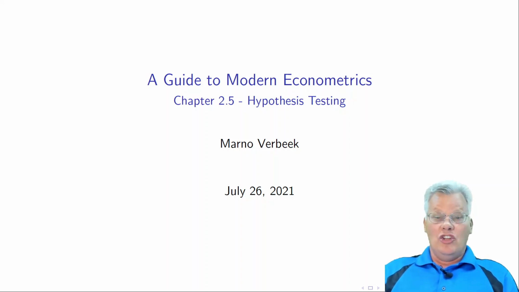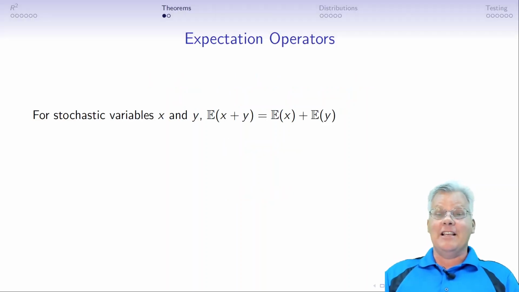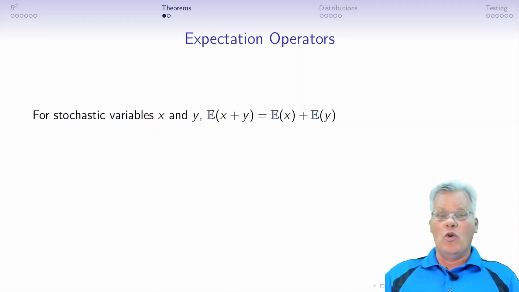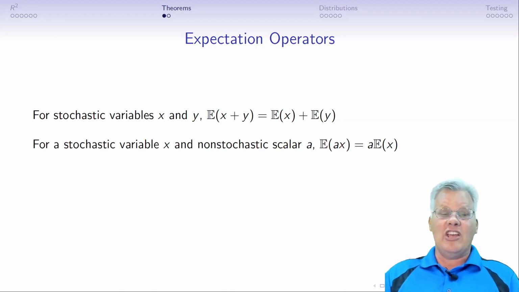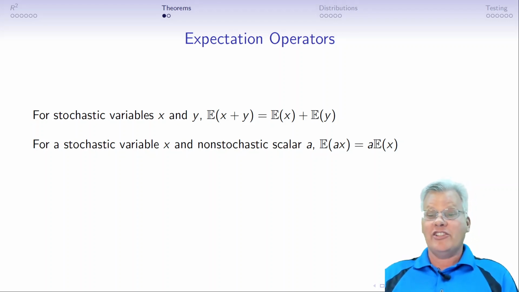So, section 2.5, hypothesis testing. I was going to review again expectation operators. I know we talked about this in the previous lecture, so I'll go over this kind of quickly. If we have stochastic variables x and y, the expectation of the sum is equal to the sum of the expectations. For a stochastic variable x and a non-stochastic scalar a, the expectation of ax is equal to a times the expectation of x.